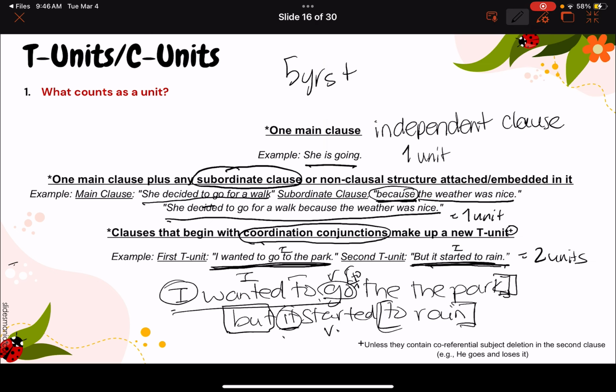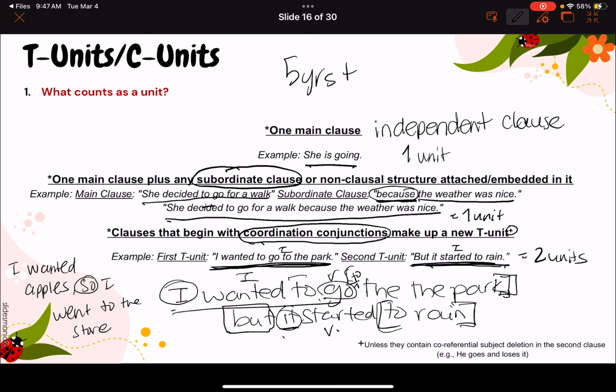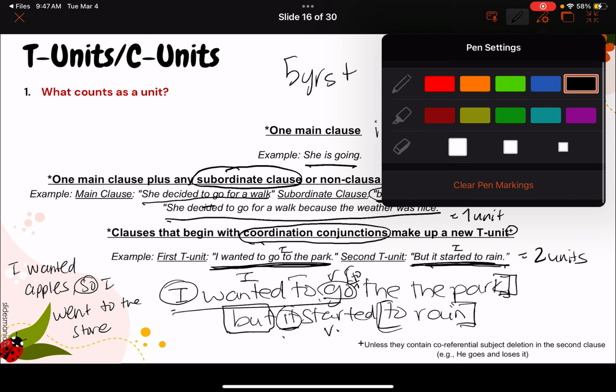I wanted apples, so I went to the store, right? So again, so is going to be a coordinating conjunction. I wanted apples, so I went to the store, 2 independent clauses. Darn it, I'm so sorry. This one is actually not going to be a great one for that either.